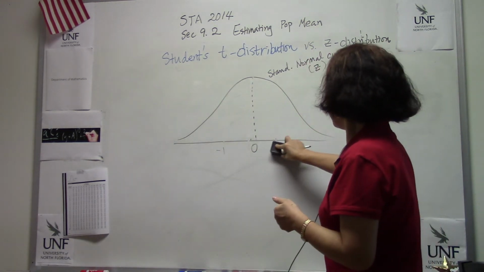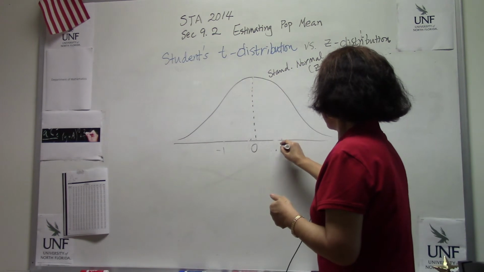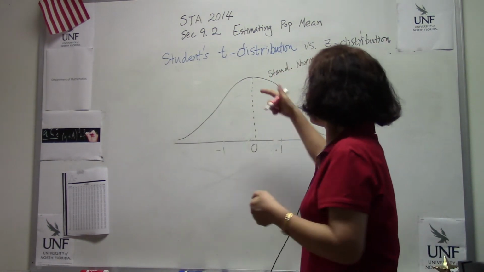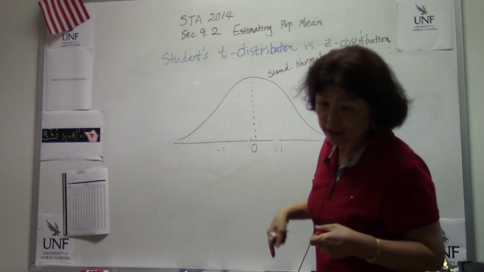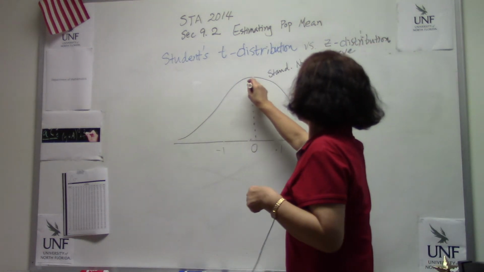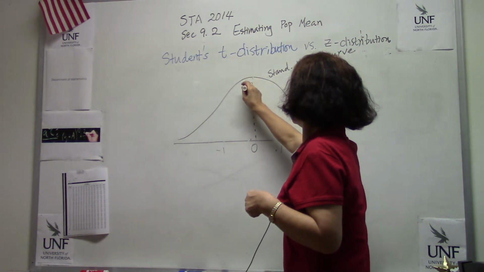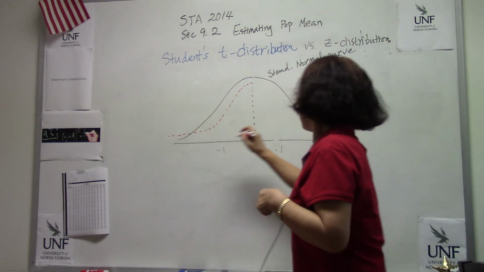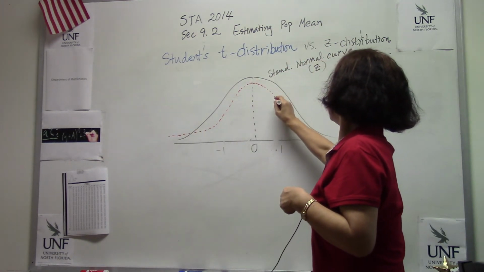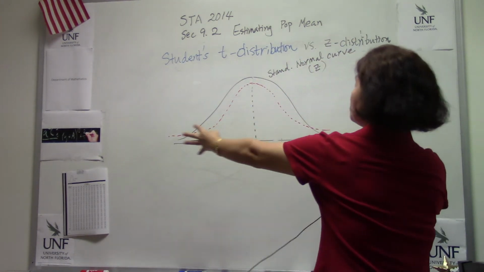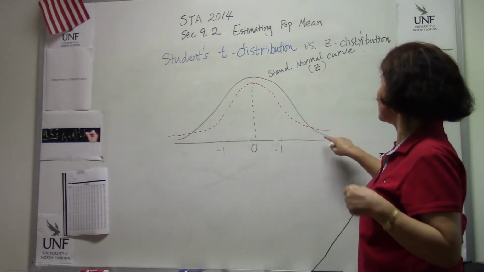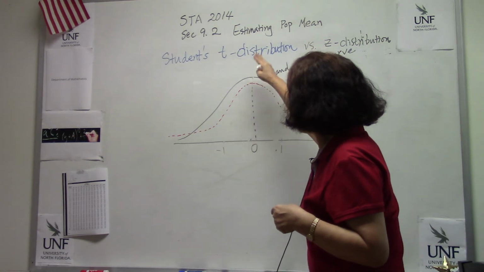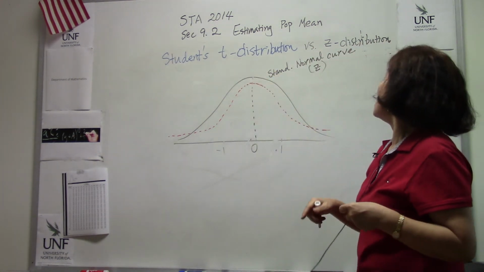When you have this, compared to this, the T distribution is going to be a little lower, but with the same area. Therefore, the end part is going to be wider like this, going above, and the middle is a little lower than the standard normal curve.